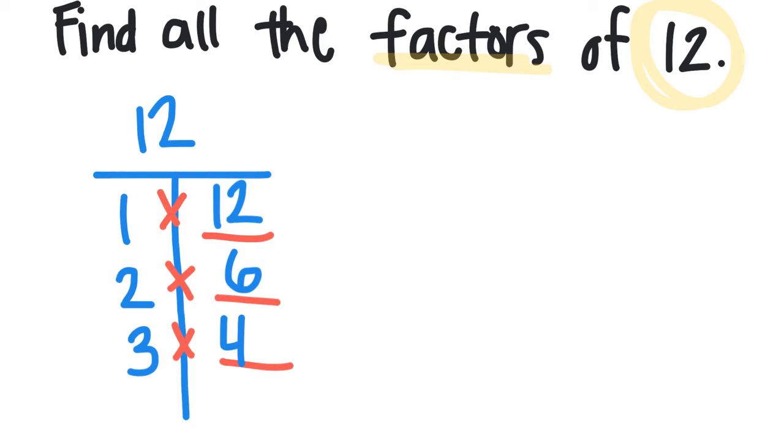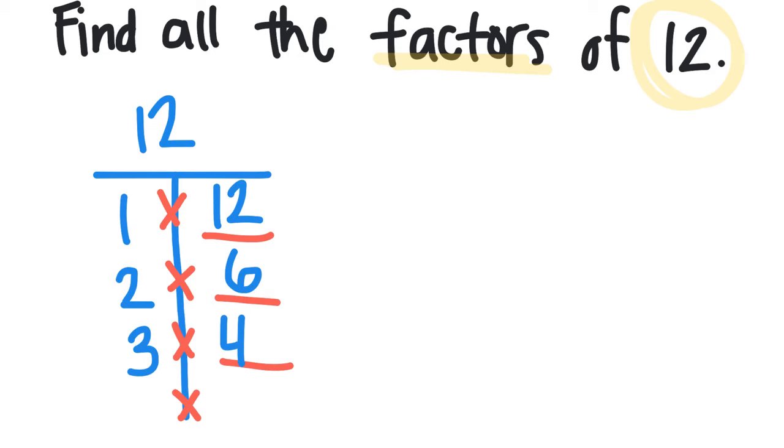So I don't need to do 4 again. So what about 5? 5 times what would get me 12? 5, 10, 15, nope. 5 doesn't work. I'm going to erase the 5. After 5 is 6, but look, I already have 6 right here.